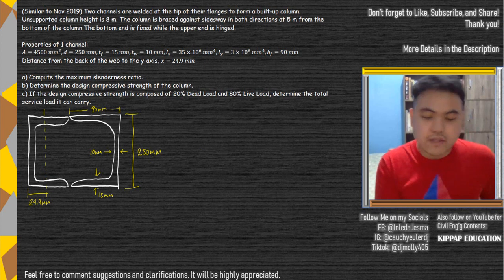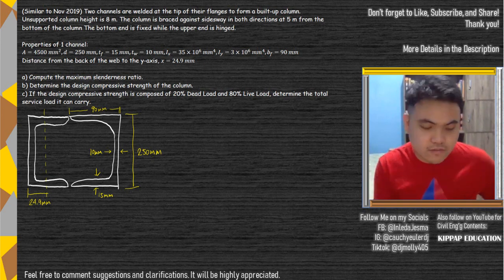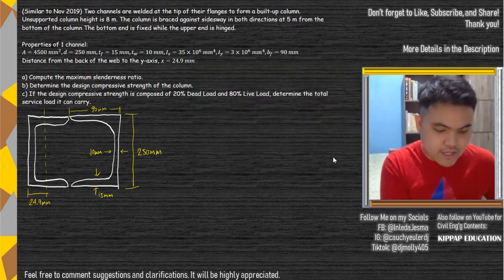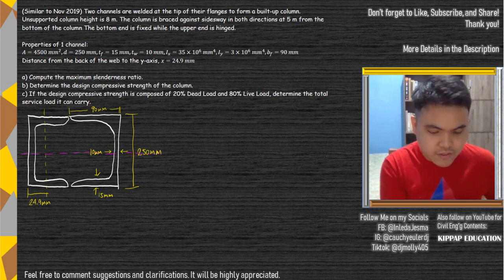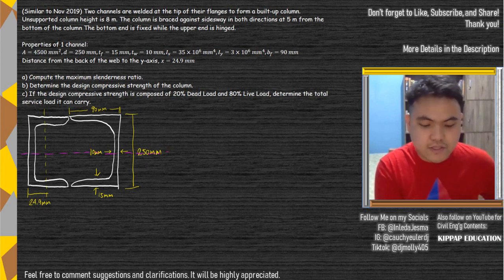Ngayon, since ang hinahanap ay yung maximum slenderness ratio, kunin natin yung radius of gyration muna nung ating section about the x and the y-axis. Centroidal x and y-axis. So, ano muna yung centroidal x-axis? Siyempre, ito. Dito sa gitna. And, nasa kalahati lang siya nung 250 mm na height, di ba?